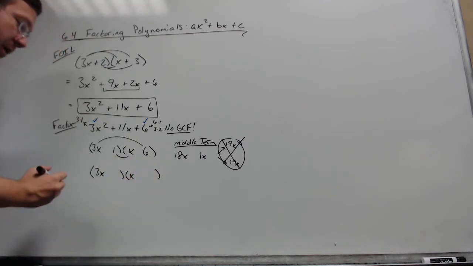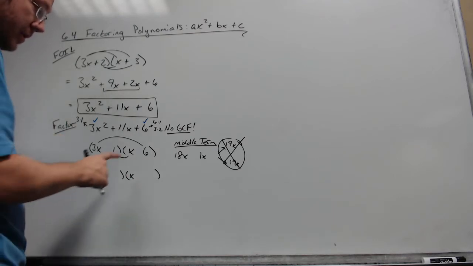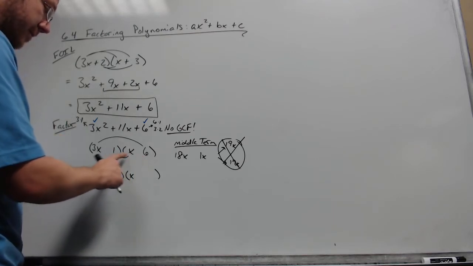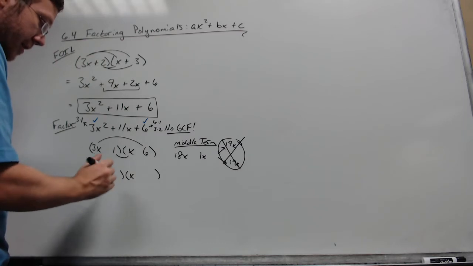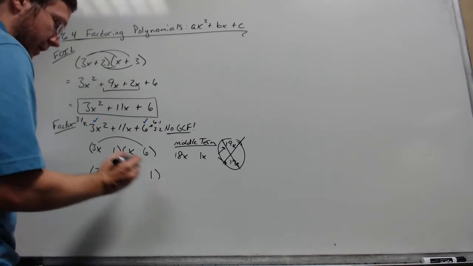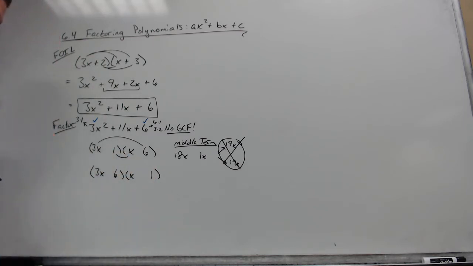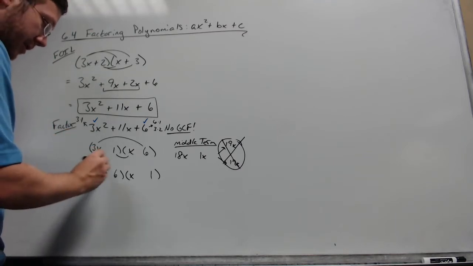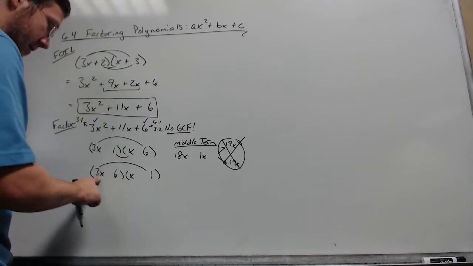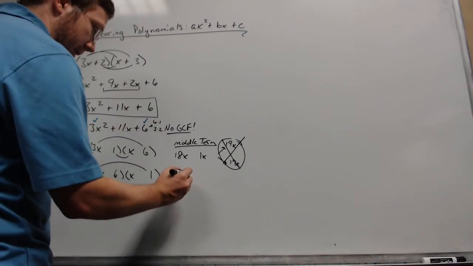In these situations, it is very important where the number is placed. That in fact makes a difference, whereas before it didn't. If I put the 6 here and the 1 here, if I switch this around, now we're going to have different possibilities of a middle term. Still, it's not going to get us the right answer, but at least we can learn something from it. If I check my middle term here, the outside, 3x and 1, that would just be a 3x.